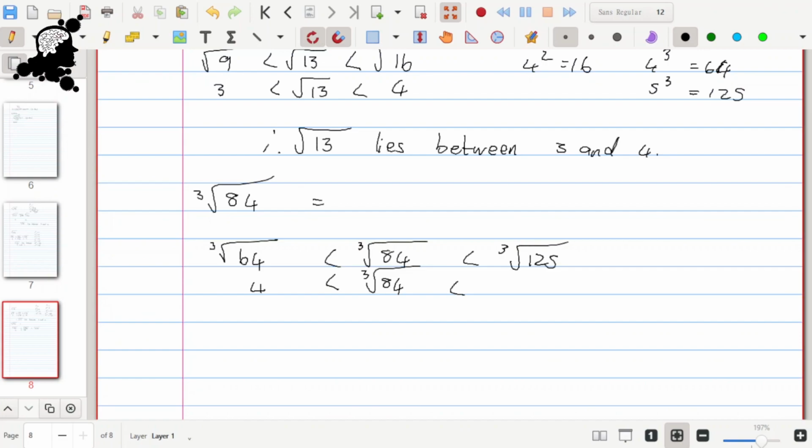The cube root of 125 is 5. Therefore, the cube root of 84 lies between 4 and 5. Wonderful.